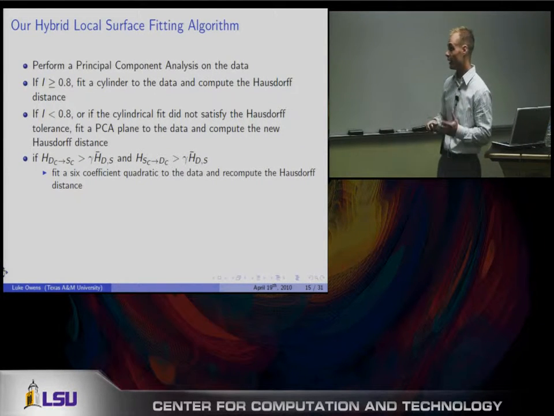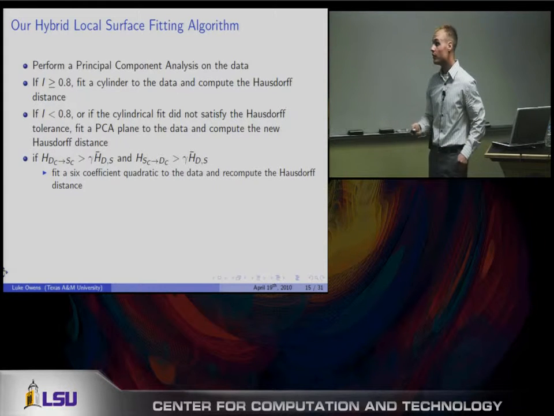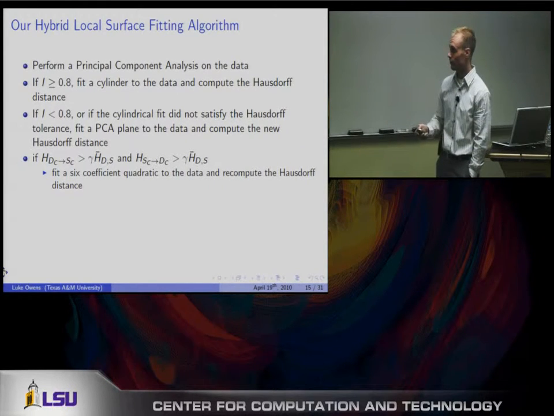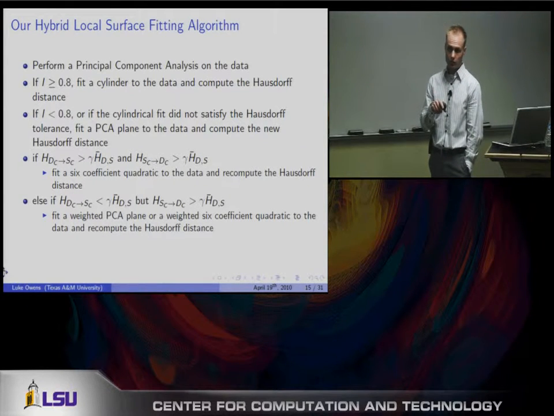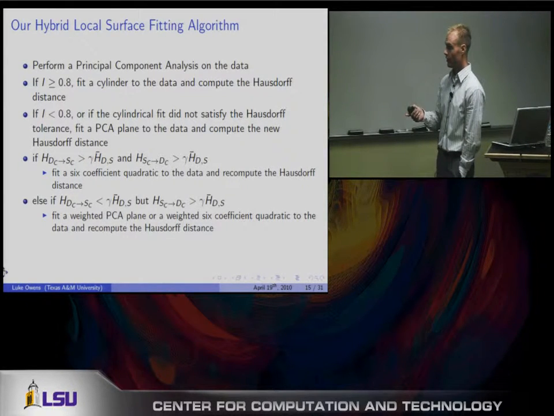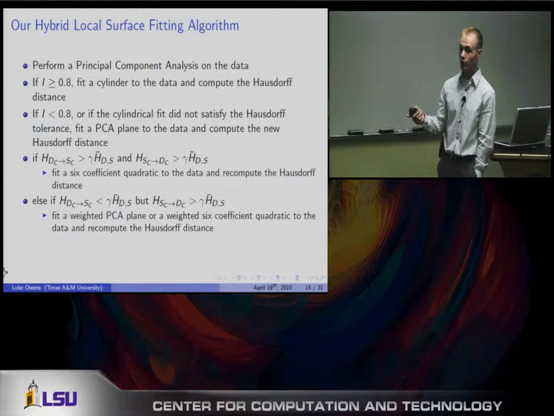We don't have to refine. We try that, and we recompute the Hausdorff distance to this new surface. The other situation is where our data points to surface Hausdorff is within tolerance, but our surface to data points Hausdorff is not.